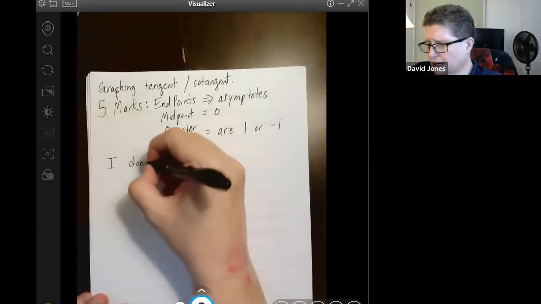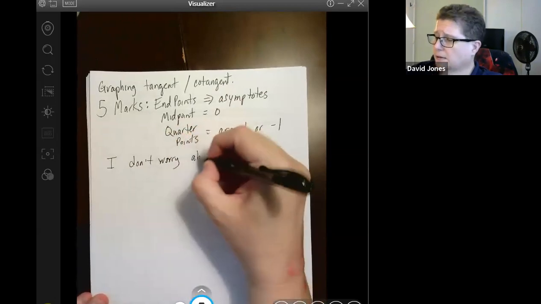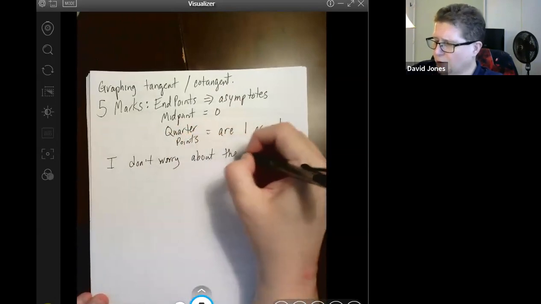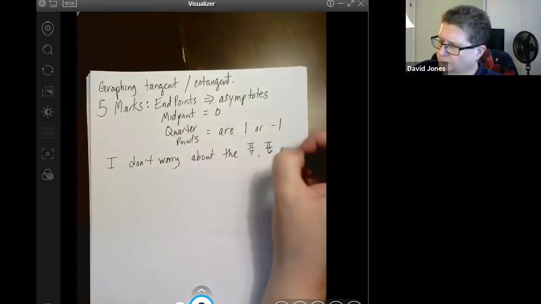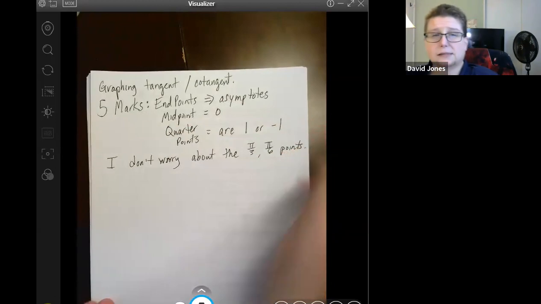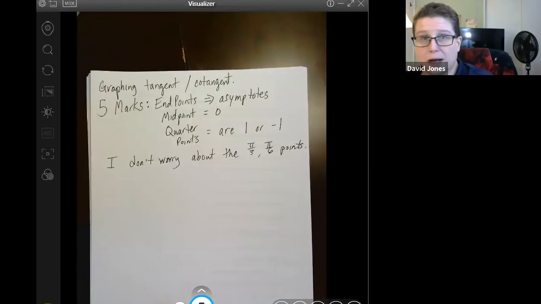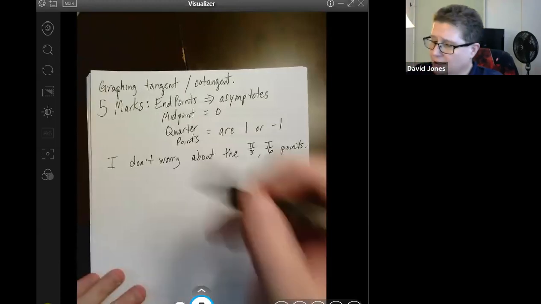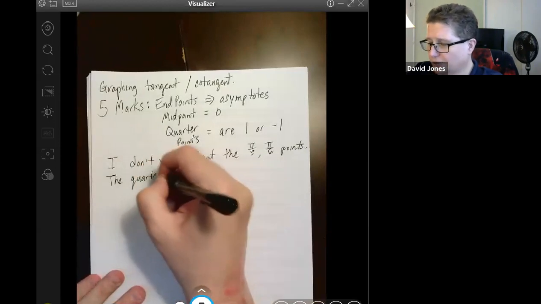I don't worry about the pi over 3 or pi over 6 marks. And the reason why is once I know which side, whether it's +1 or -1, the quarter points tell me which way we're going to start doing our Tron cycle.